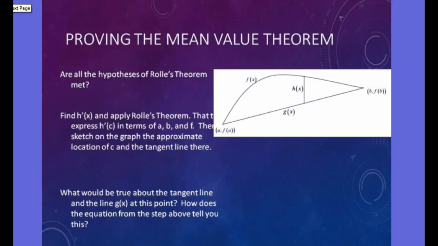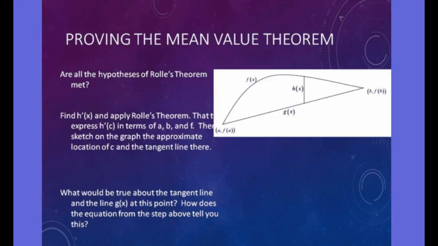So that flows us into backtracking and going backwards to Rolle's theorem. So Rolle's theorem says, is f a continuous function from a to b? Is f going to be differentiable everywhere?